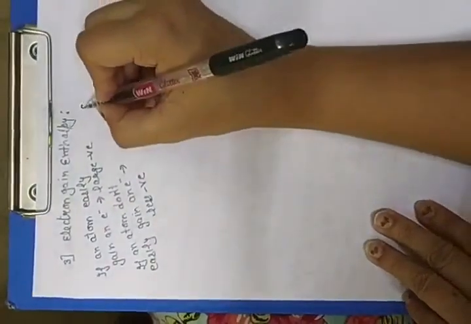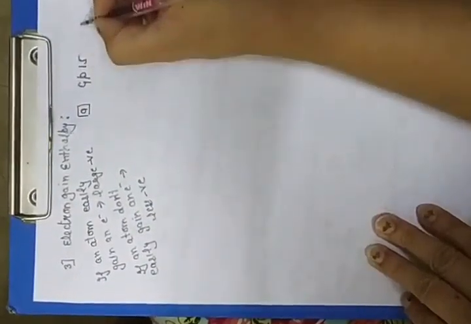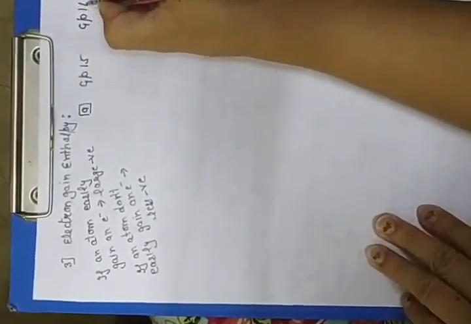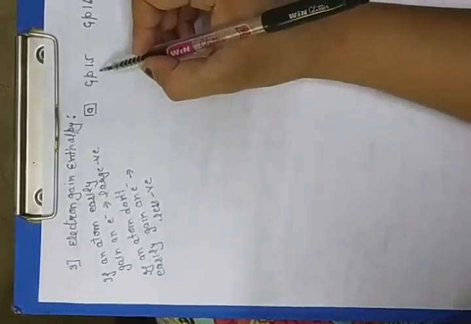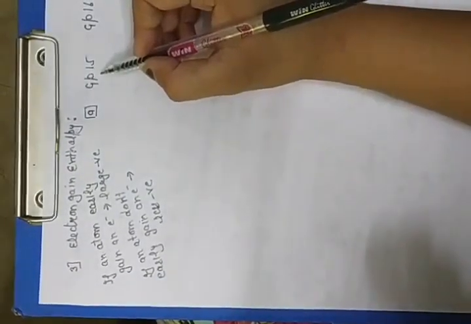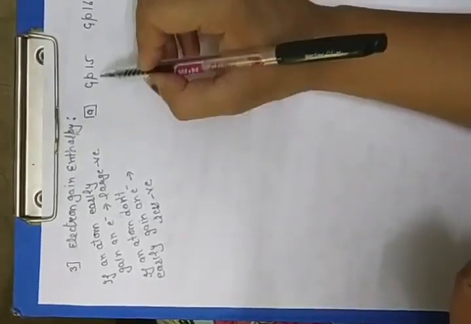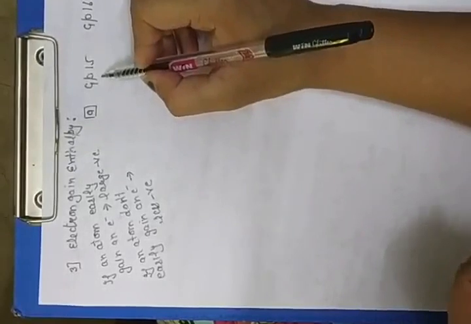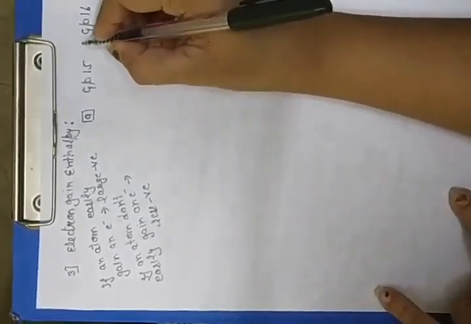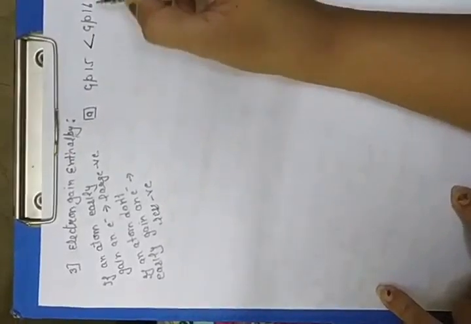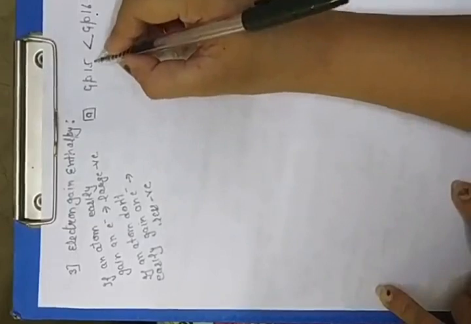So starting the comparison of group number 15 and group number 16, group number 15 atom size is larger in comparison to group number 16, and the greater the size, the less easy it is to gain the electron. Hence, in case of group number 16, it is large negative than group number 15.